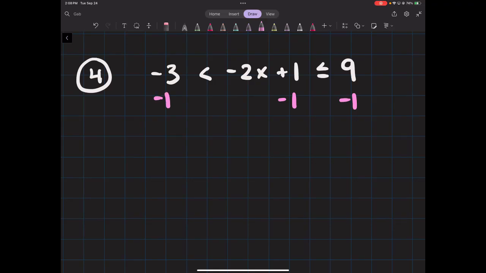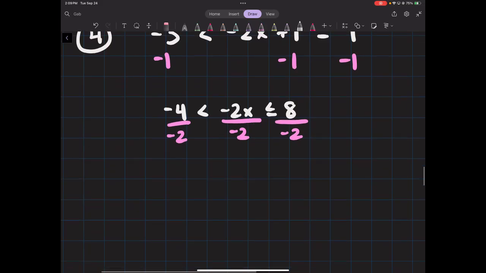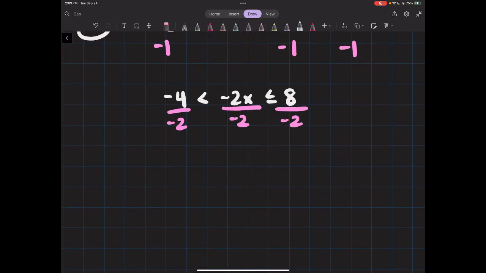There's more than 2 sides, so. And then you divide what? Both sides? Everywhere. Divide everything by -2. But then you switch the sign, right? Did you just switch one? No, switch both. Yeah, that's right.